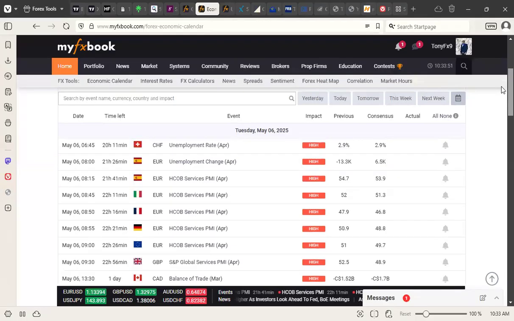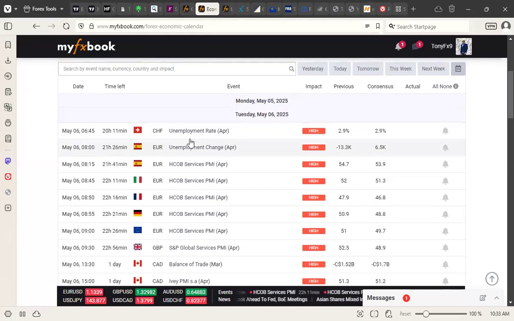If this figure comes out higher than 2.9, probably 3, it should make CHF weak, and then the dollar should buy massively against it. But if you see a figure lower than 2.9, it should make CHF strong.